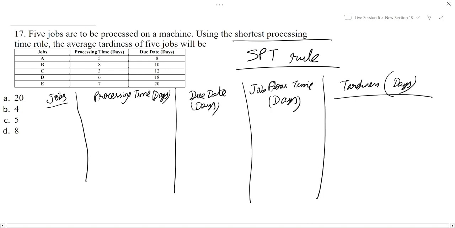Now the minimum processing time is 3. This is for job C.